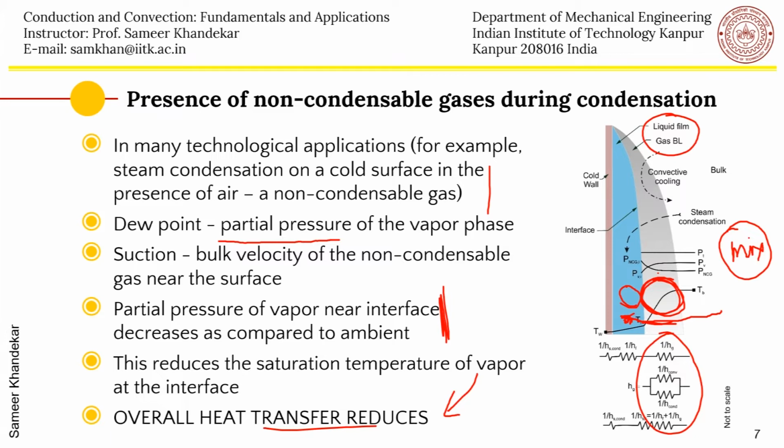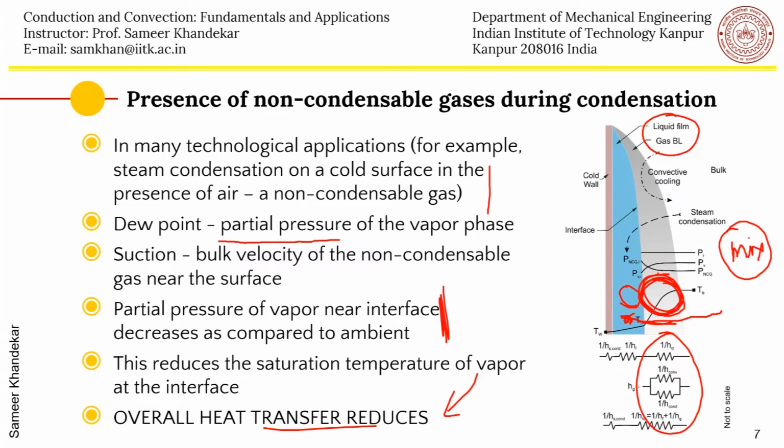And you will also appreciate that whenever vapor condenses, the volume of the vapor will suddenly become less, because the density of liquid is very high, and if one unit volume of vapor condenses into liquid, the liquid actually occupies very little volume.